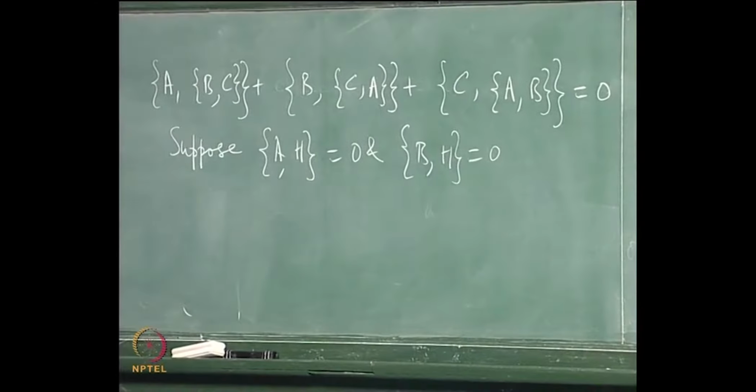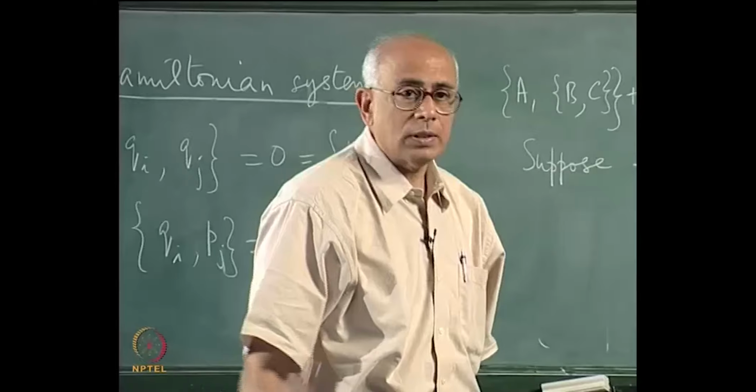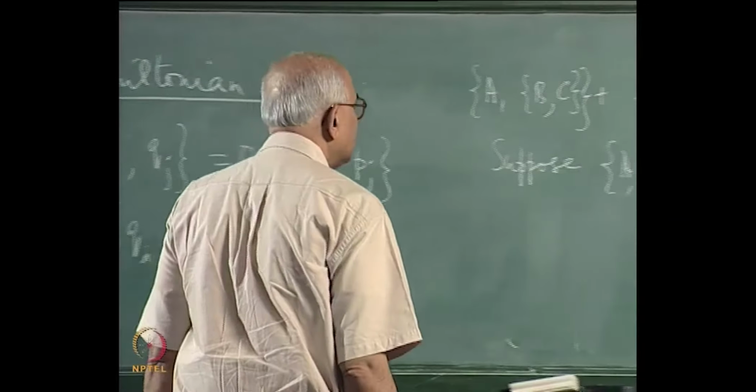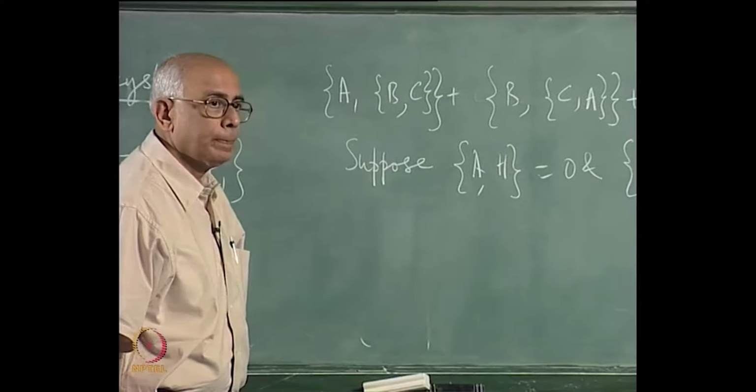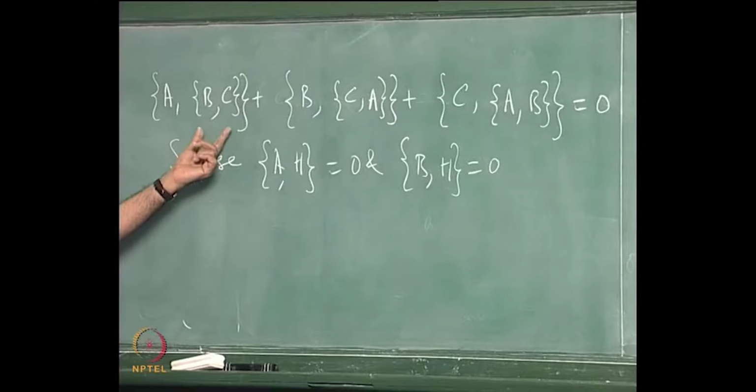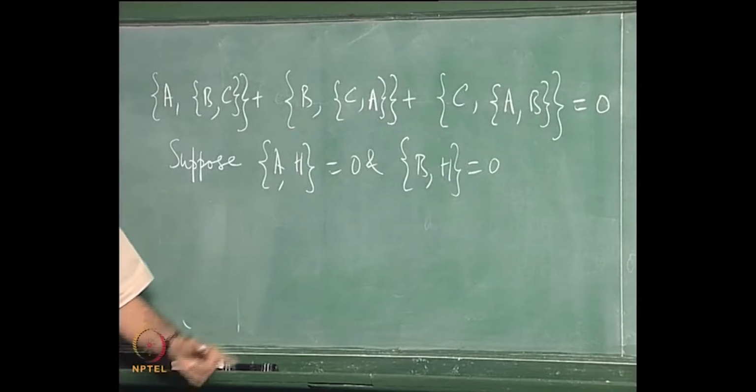Suppose instead of C I replace it with H and I tell you that A and B are constants of the motion. What would you conclude? This would identically vanish. So this Poisson bracket vanishes identically. So does that. And what does the third thing tell you?